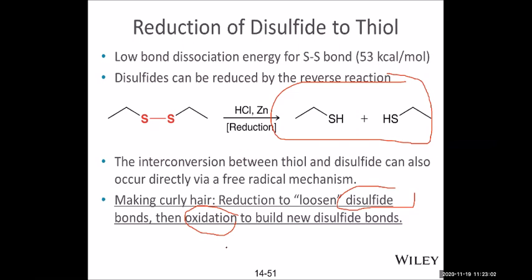After the new disulfide bond is formed, your hair will have a new texture, either from curly to straight, or from straight to curly. So that's how we use disulfide, the oxidation or reduction, to do hair styling.